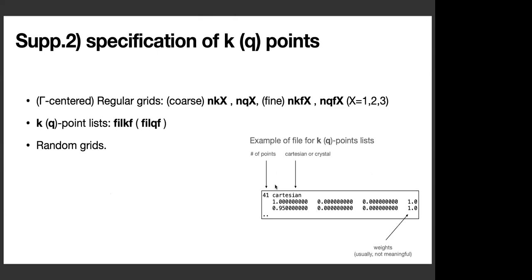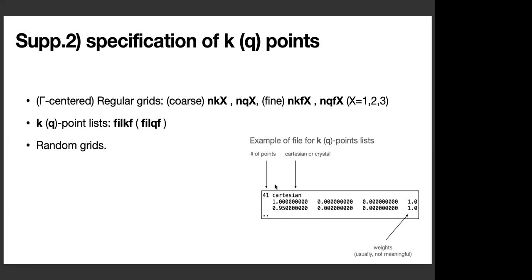And the second one is related to the specification of k or q points. In general, we have three choices. The first one corresponds to the Gamma-centered regular grid. For example, in the case of a coarse grid, you can specify a regular grid by using nk1, nk2, nk3 and nq1, nq2, nq3. But as I said, for these you have no choice.